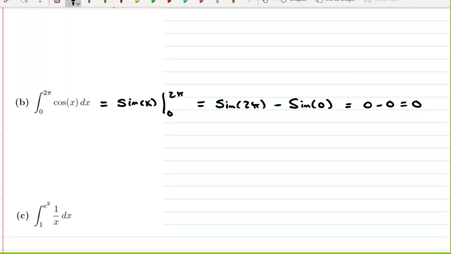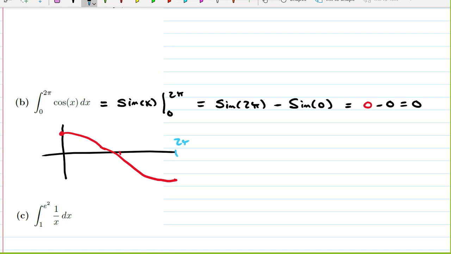Well, why is that the case? How come there is no area underneath the curve? Well, if we think about what cosine looks like, cosine of 0 is 1, and then we have pi, so it goes down, and then it does this, and is down here at 2 pi. So we have our area above, and then we have our area below, and they're equal but opposite, so they add up to 0.